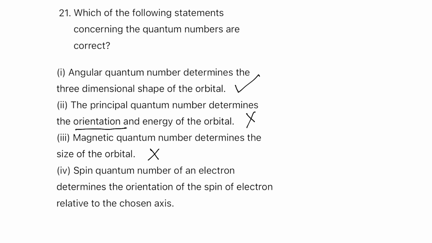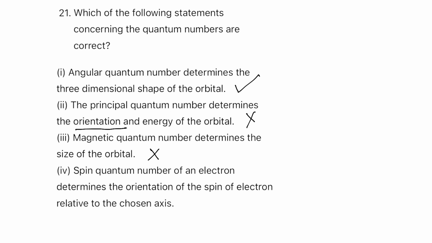And which one will have the least energy? It should be 1s because it has the least n plus l value. So in increasing order, 1s has the least energy, then 2s, then 2p, and the maximum energy is for 3s. That is our right answer. Hope you understand. Very important.